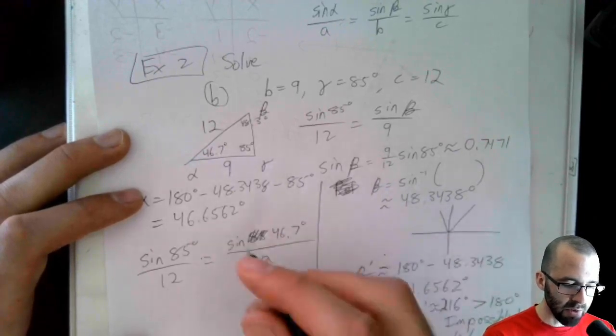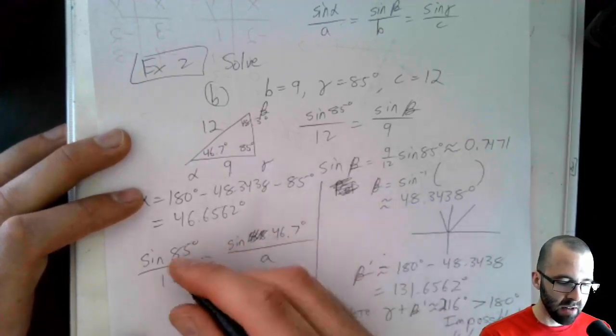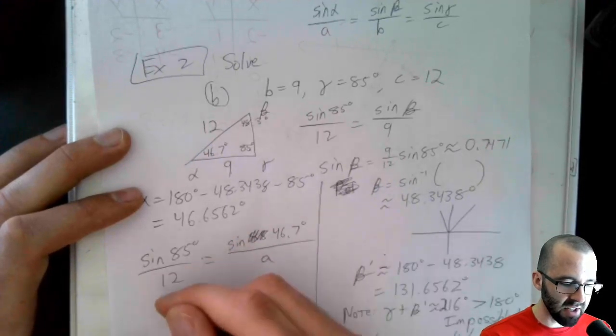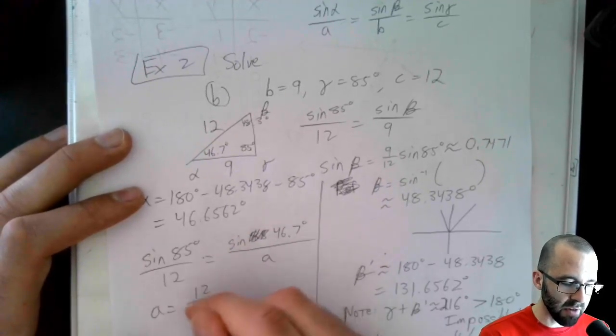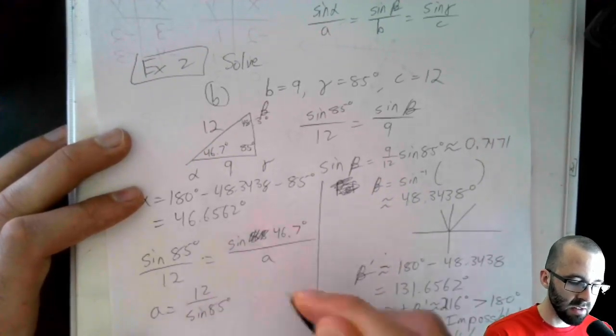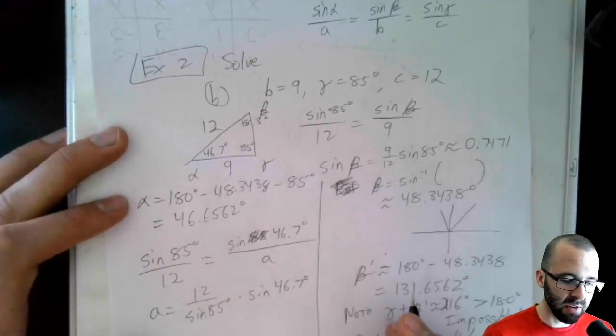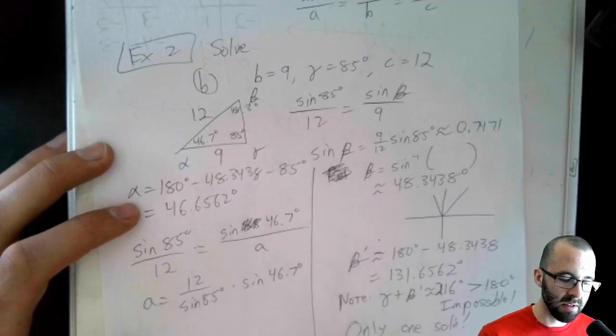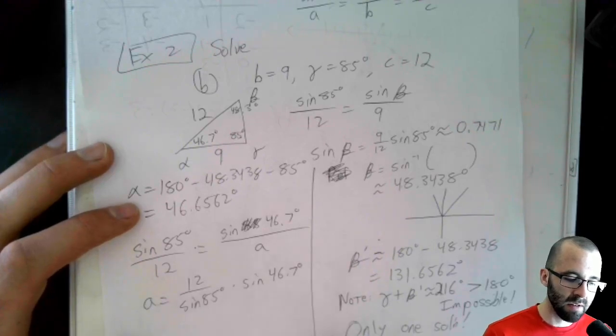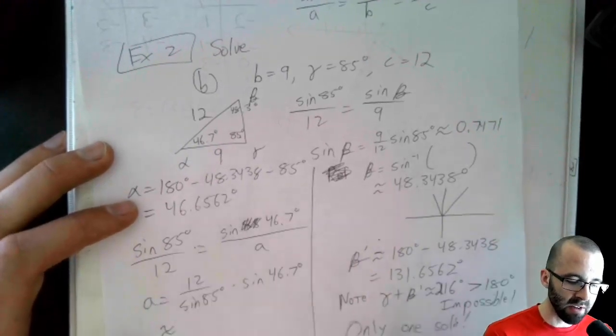So multiply both sides by a, multiply by the reciprocal of the left-hand side. You're going to get a is 12 divided by the sine of 85 degrees times the sine of 46.7 degrees. That'll be the last thing we're missing.